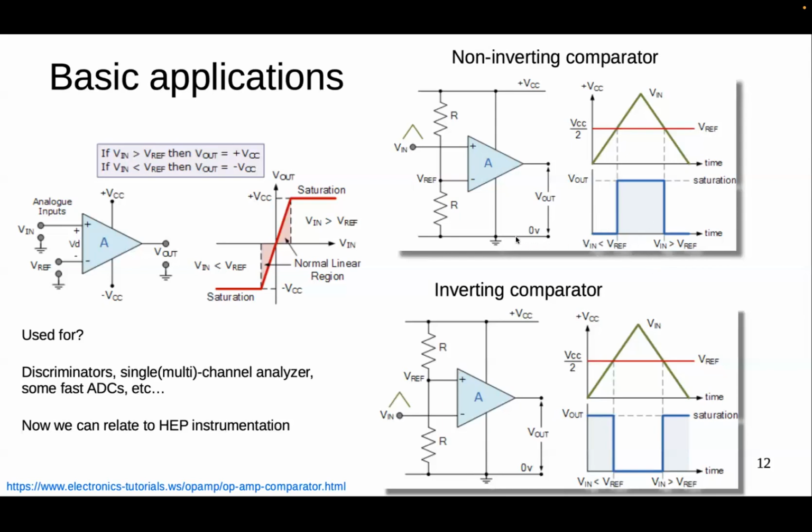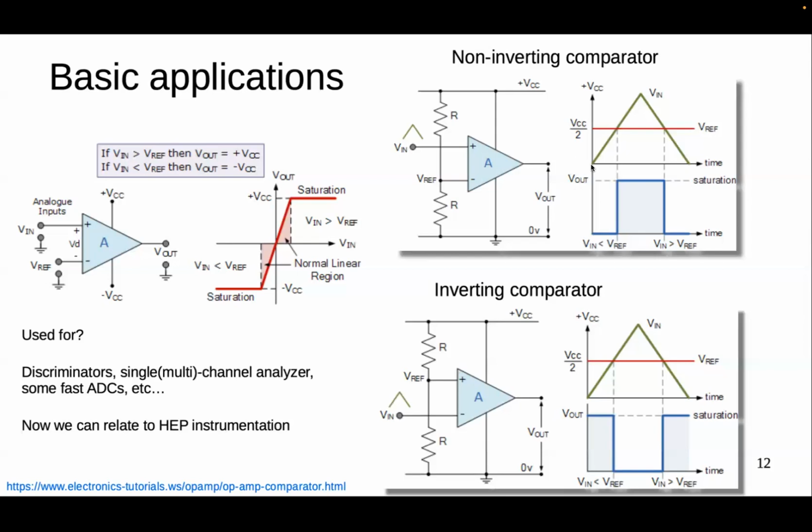In a specific case, for the negative power input we have ground, let's say 0, and in the positive we have some positive voltage level. The reference here will be basically half of the power source voltage, but here we can configure as we want.